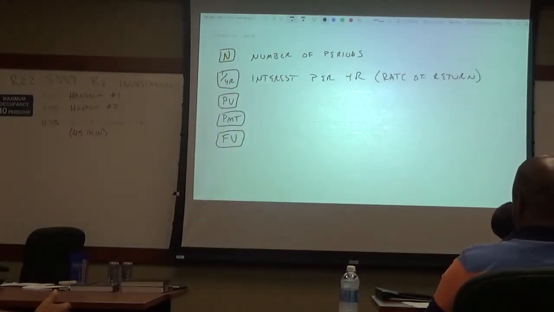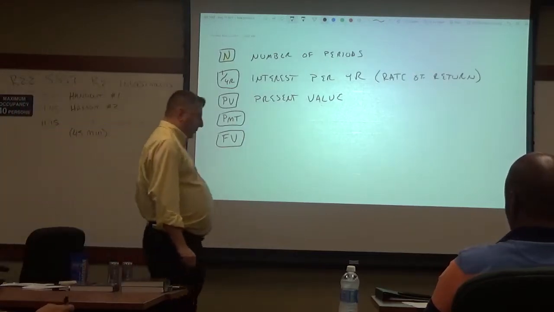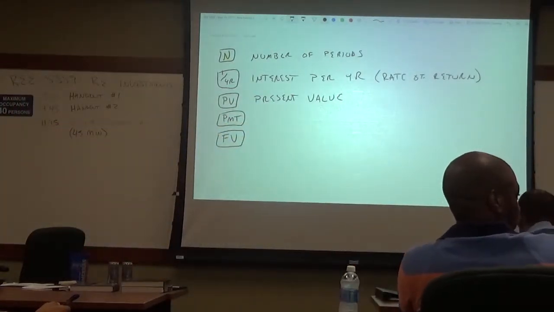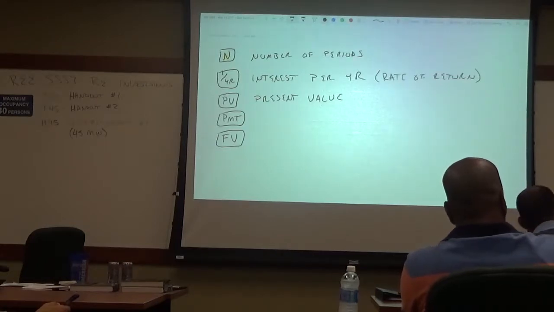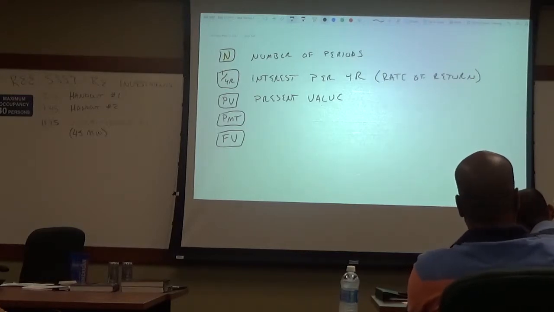The PV stands for the present value. In very simplistic terms, what this means is: what is the value today? What is the value of something in today's dollars?